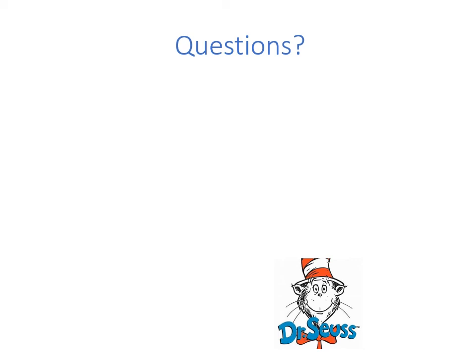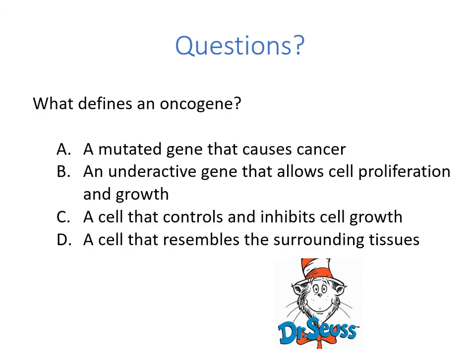And what caused the gene to mutate? Well, all kinds of cellular injuries, whether it was UV radiation, free radicals, some kind of harm to the DNA, potentially from drugs, chemicals, anything like that. So the answer is A, a mutated gene that causes cancer.